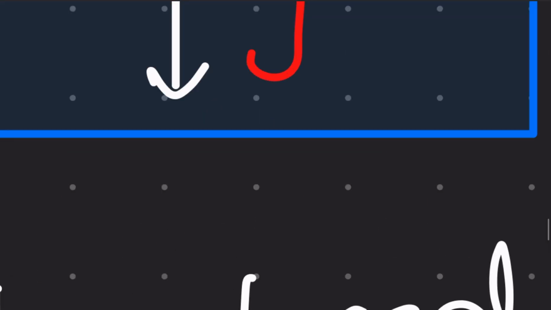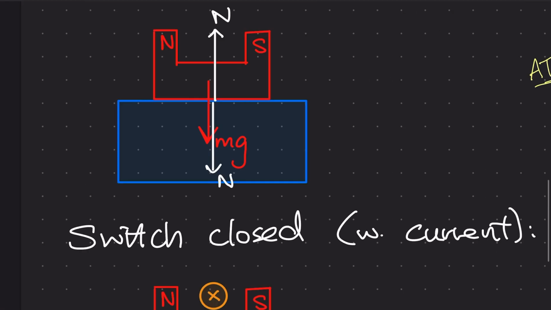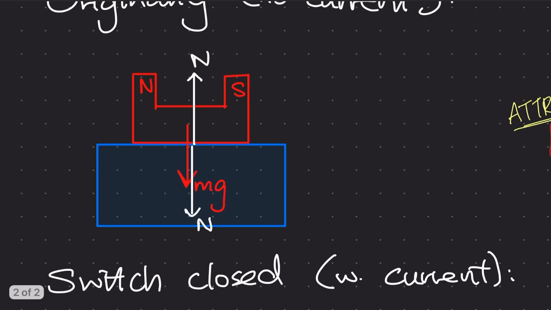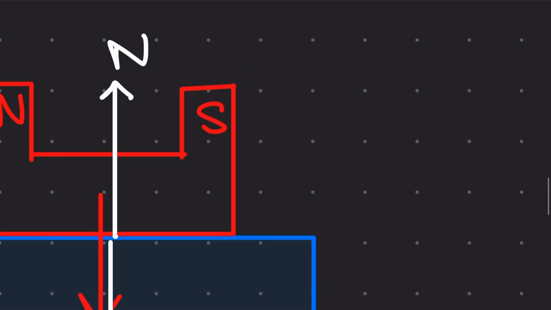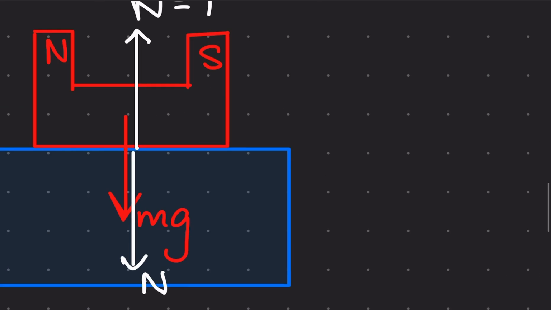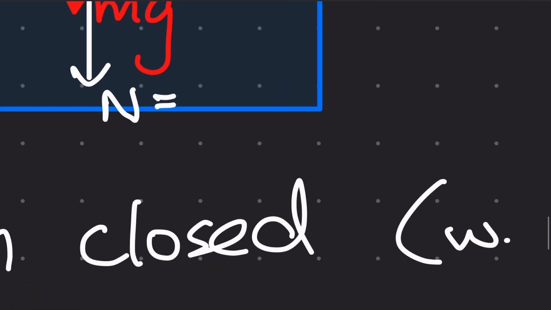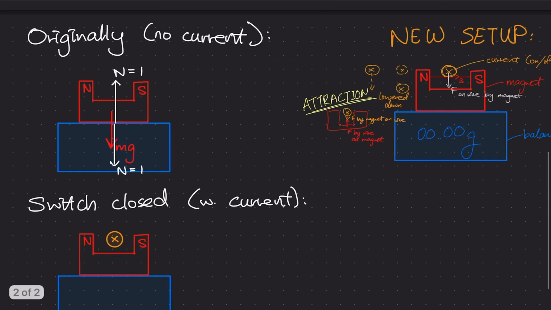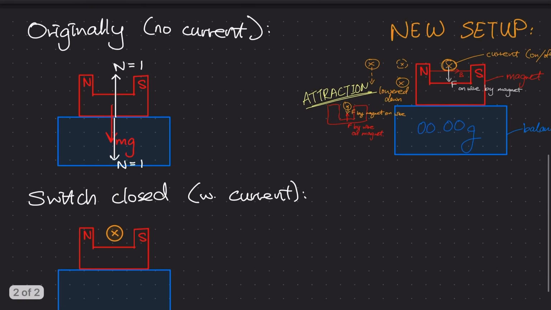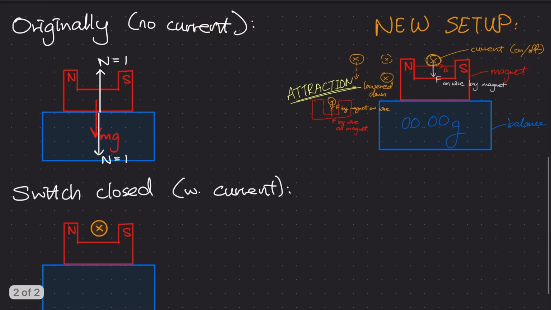But anyway, there's another N. You've already seen that. So let's give it some numerical values. Let's say that initially this N equals 1, and this N also equals 1. This is just an assumption, I'm trying to make you see the difference between originally without current and with current.